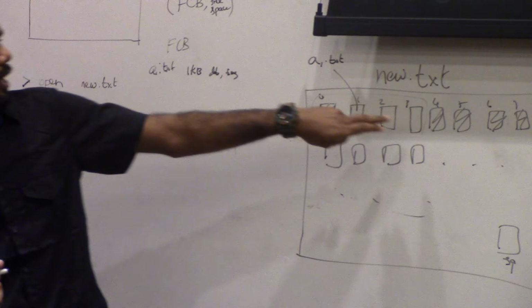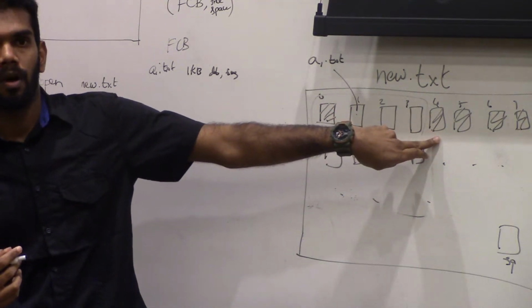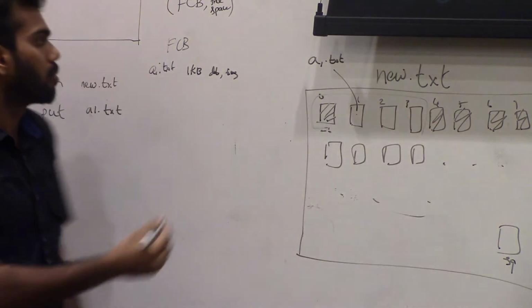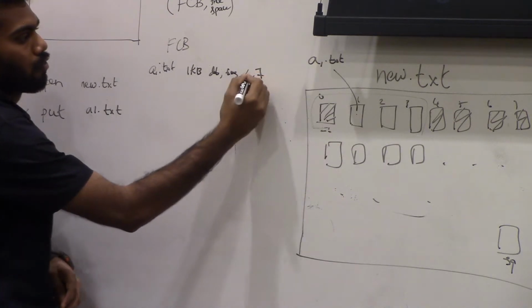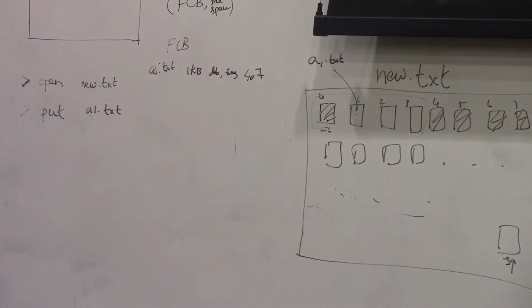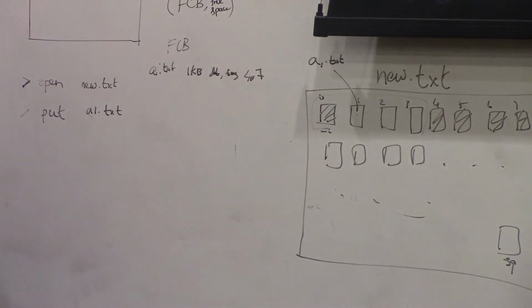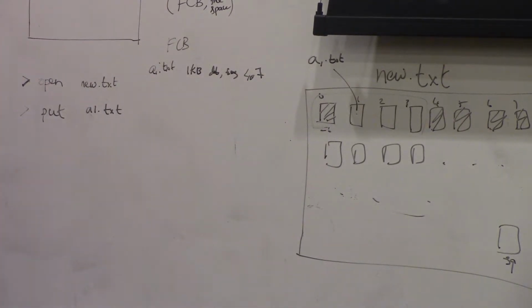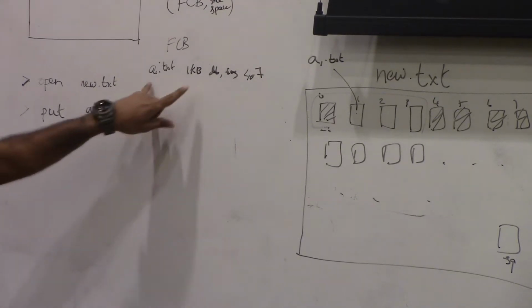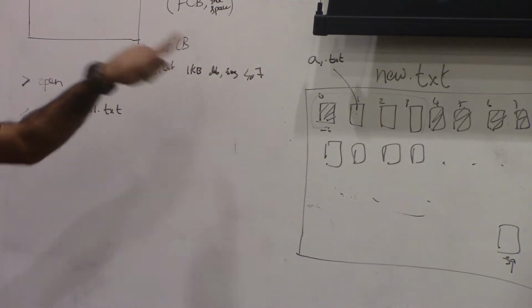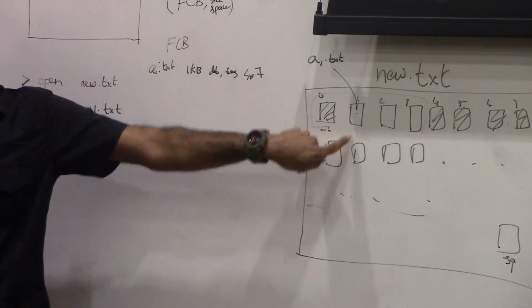For this a1.txt, the starting block ID will be 4 and the ending block ID will be 7. So it will be like 4, 7. This starting block ID and ending block ID will be used for the retrieval of your file from the file system. So this information you will write in the first block.